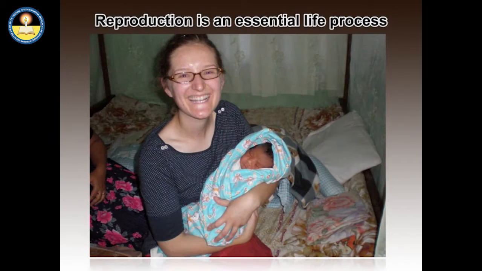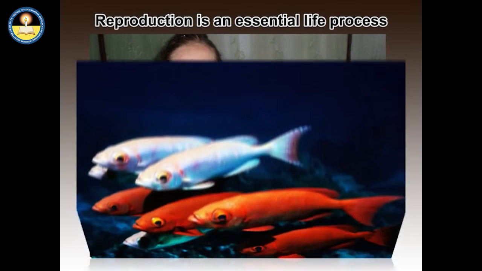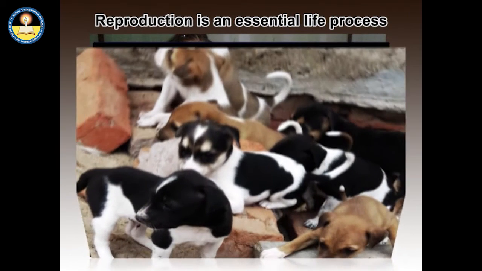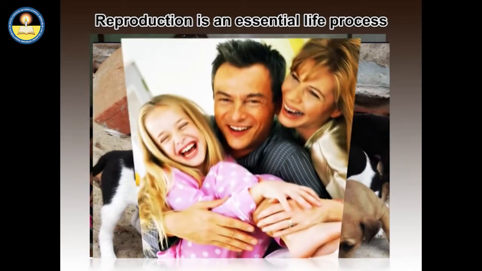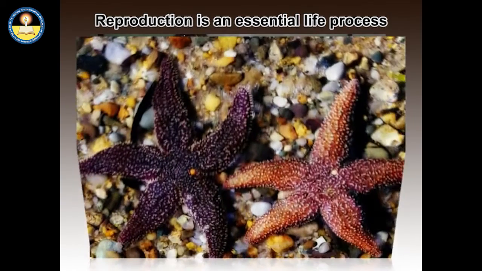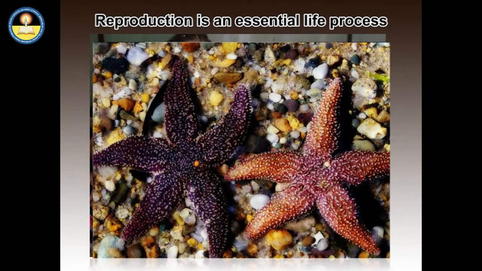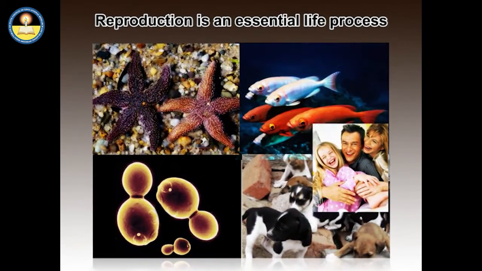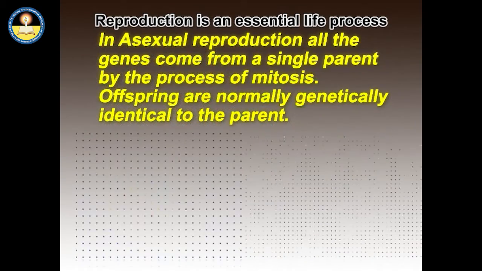Heredity. Reproduction is an essential life process which not only helps in the survival of species but also helps in the continuity of that race. Living organisms usually reproduce through sexual as well as asexual means.